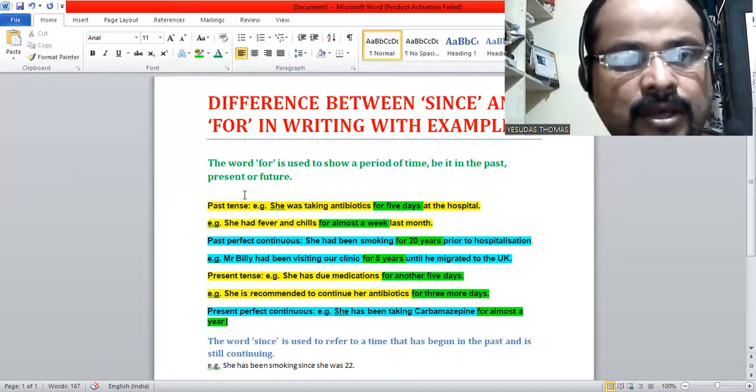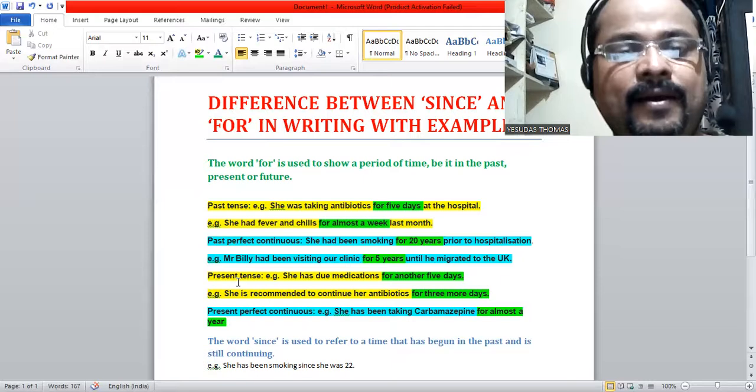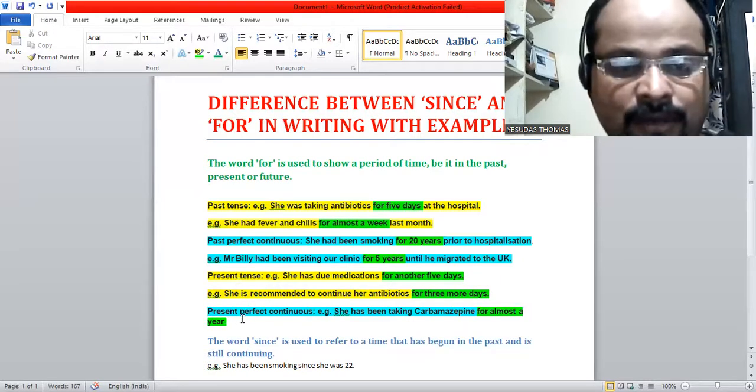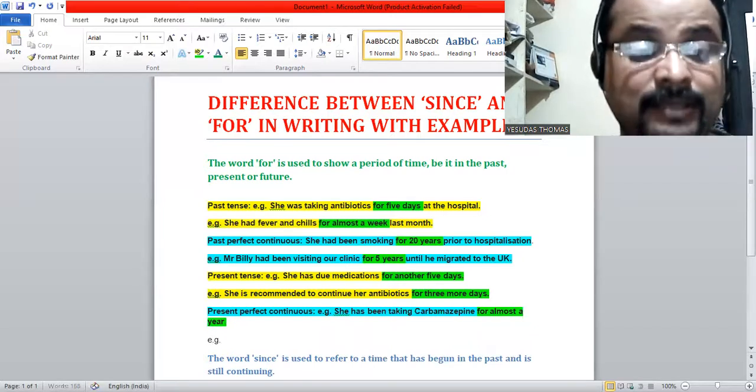So this is past tense and this is present tense. We don't need future tense. If you want, I can go ahead with one more example there. Yes, example.